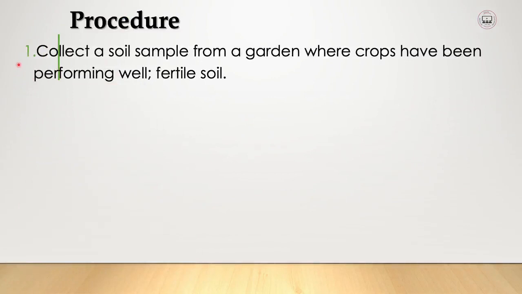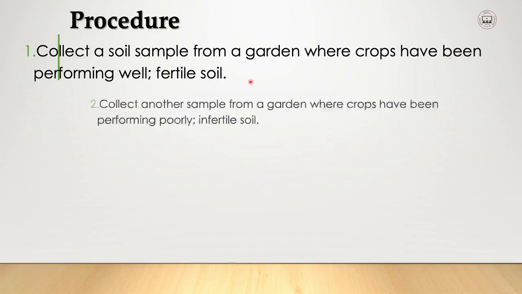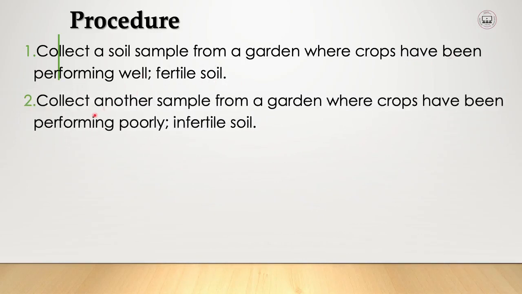First of all, you need to collect a soil sample from a garden where crops have been performing well. Such a soil sample will represent fertile soil. Then the second stage is to collect another soil sample from a garden where crops have been performing poorly. That will represent infertile soil.